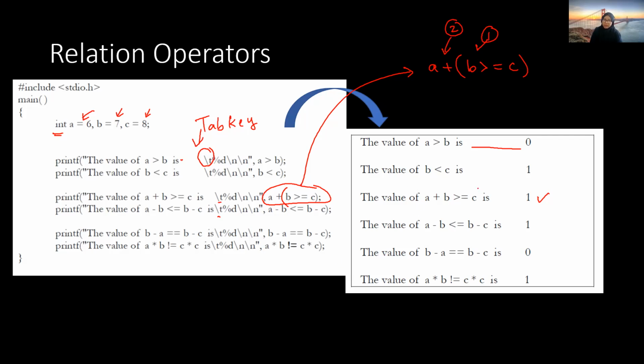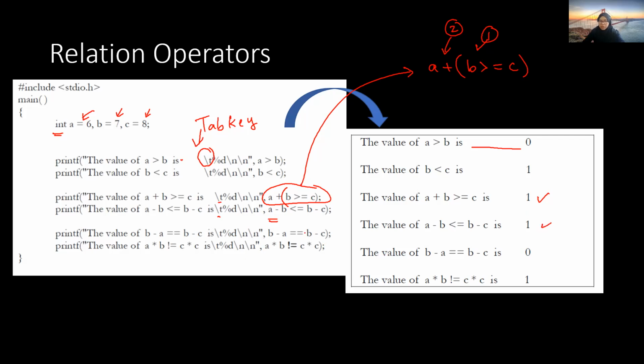However, if it doesn't specify the parentheses, you do the arithmetic operation first, and then the relation operator last. Same thing for this one: A minus B, 6 minus 7, minus 1, and then B minus C, 7. So that's why the value is true, and so on.